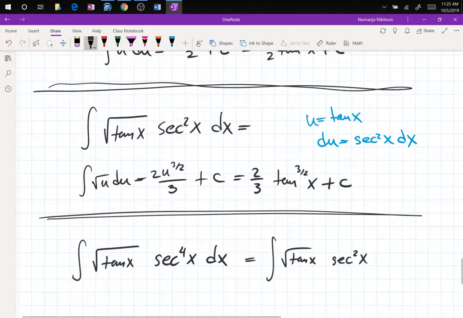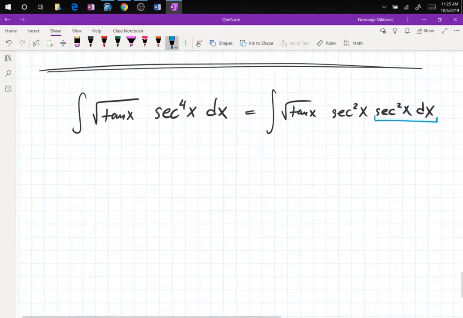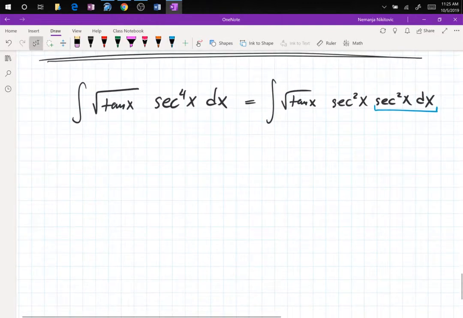Into secant squared x and another secant squared x dx, where the second one goes in a bank for du. And this is where you go, well, these secants need to be moved. And luckily we have that Pythagorean identity that will move these secants into 1 plus tangent squared x.